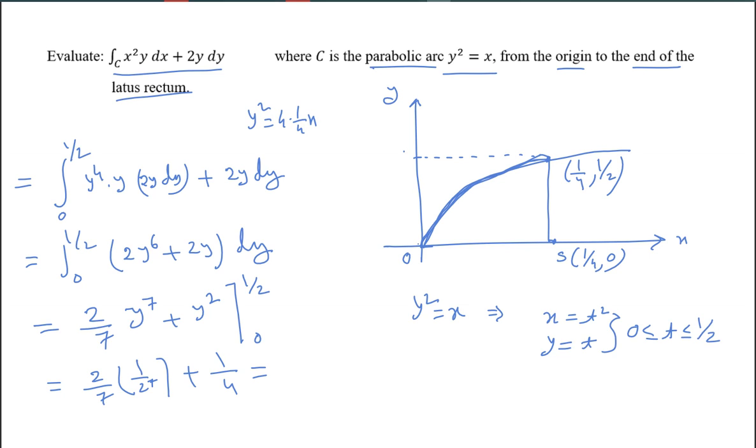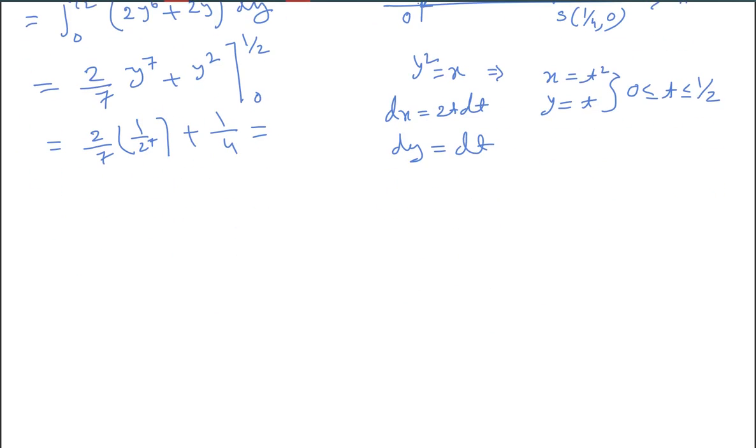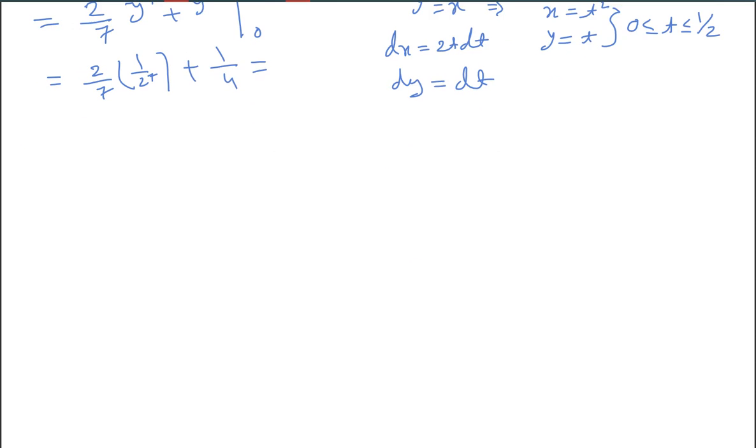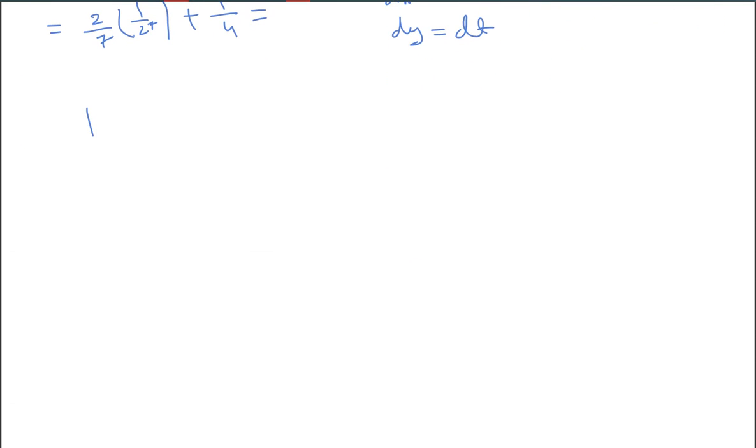So what we will do here now, dx is equal to 2t dt, and dy is equal to dt simply. So it is converted to the integration of x square y dx plus 2y dy.